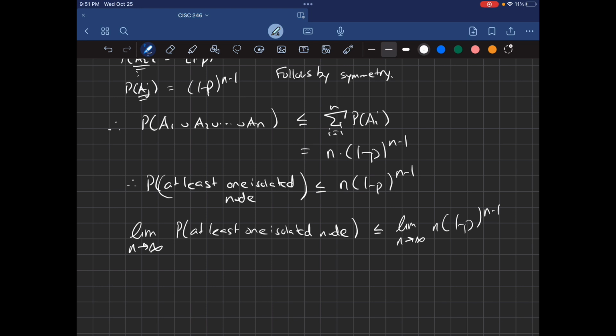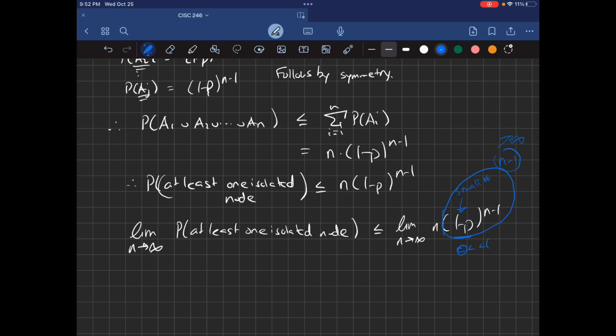So we've got the limit as n goes to infinity, and then we have two competing terms here, and hopefully you've taken at least pre-calculus to know that 1 minus p is between 0 and 1. So it's a small number here. And then we're taking that small number and raising it to the n minus 1, which is going off towards infinity.